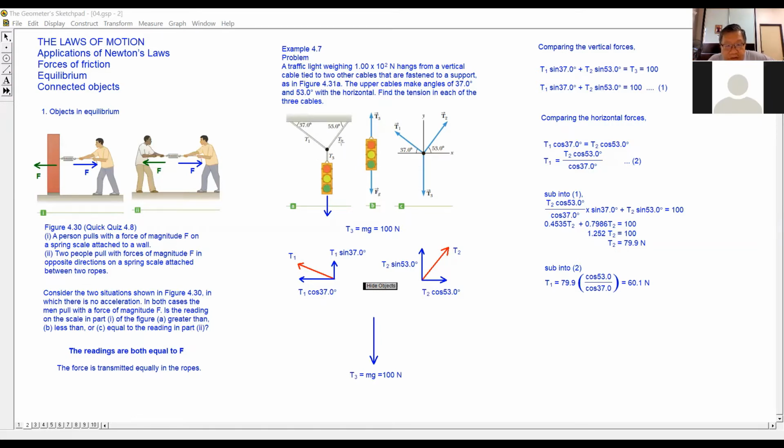The three forces balance one another. The net force is 0. We look at this T3 here. This T3 is actually produced by the weight of the traffic light. So you look at this diagram at the center here.